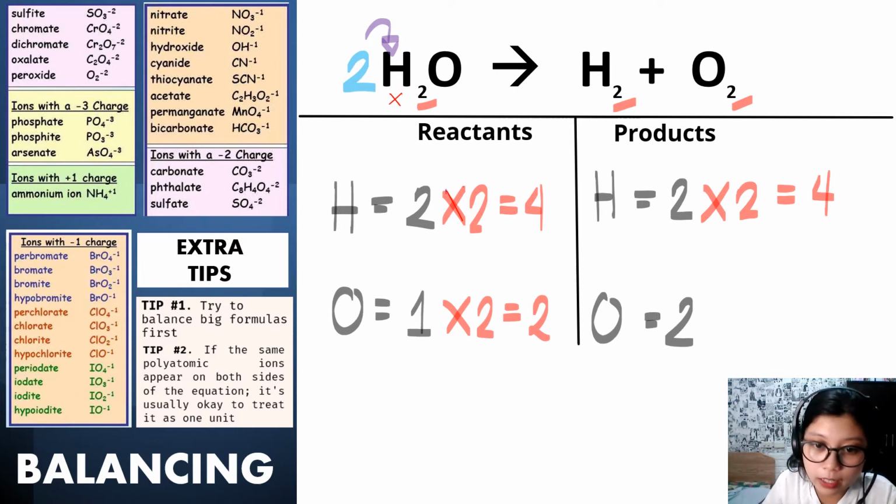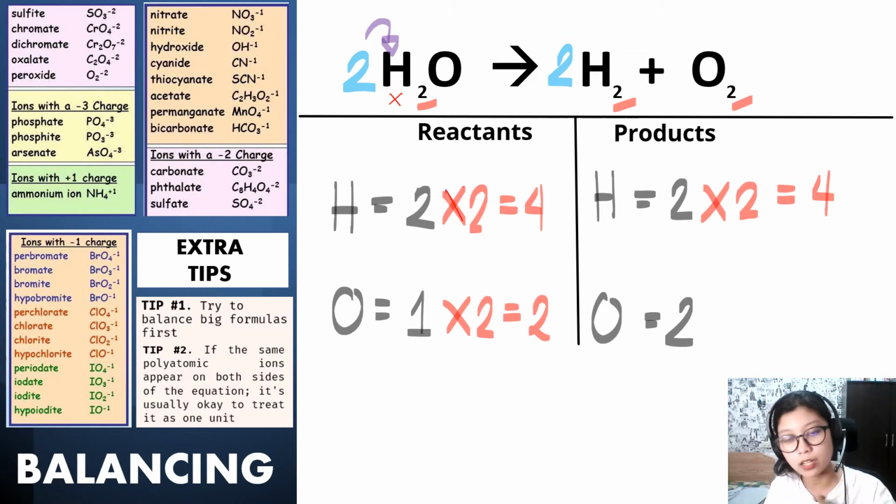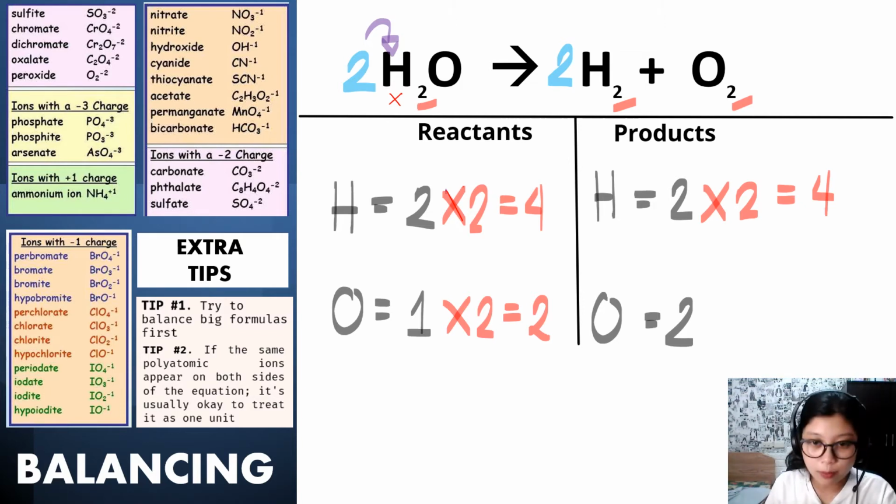And we will place the coefficient 2 right before H2. Now, the question is, is the chemical equation now balanced? Yes, because hydrogen in both sides has the same number of atoms, and that is 4. And oxygen in both sides has the same number of atoms, and that is 2.